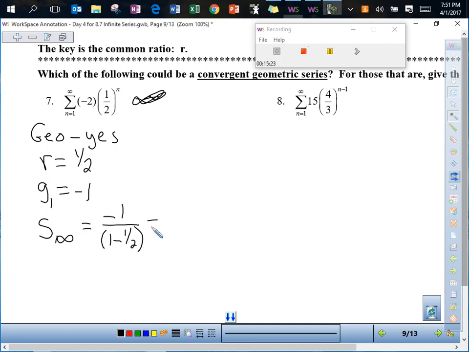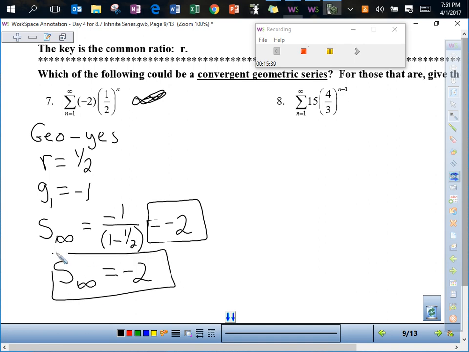So that's going to be -2. So as we add those up, the sum as we go to infinity is going to be -2. So it worked on that one.